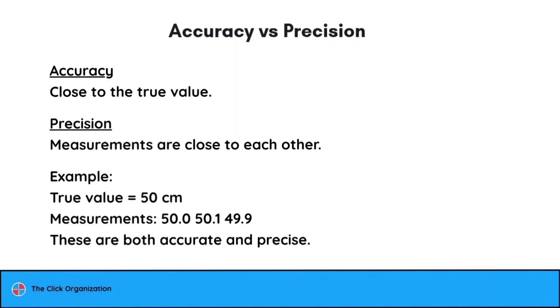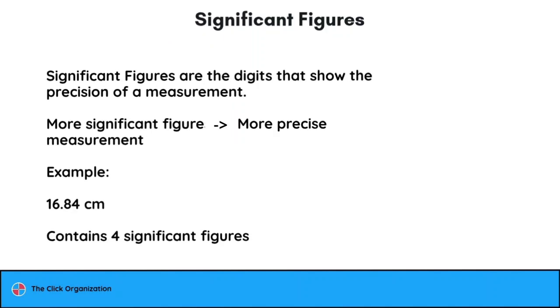Let's talk about significant figures, or significant digits. Significant figures are the digits in a measured value that carry meaningful information about its precision. They include all the digits read directly from the measuring instrument, plus one final digit that is estimated.